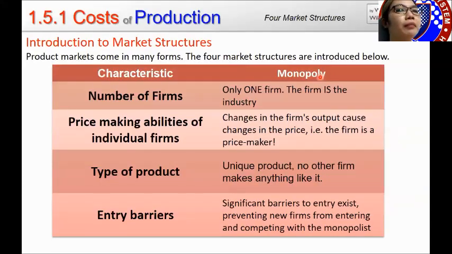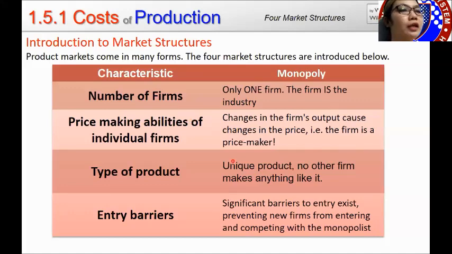And then the fourth market structure is the monopoly. In the monopoly market structure, in terms of number of firms, there is only one firm in the industry. And in terms of price making abilities, the firm is the price maker, same with oligopoly.